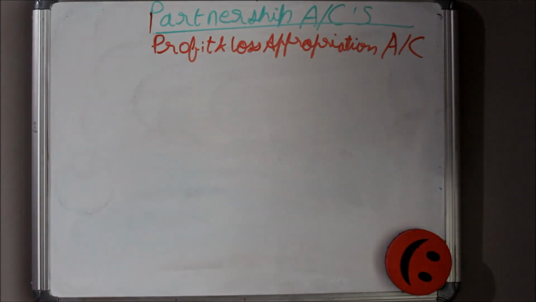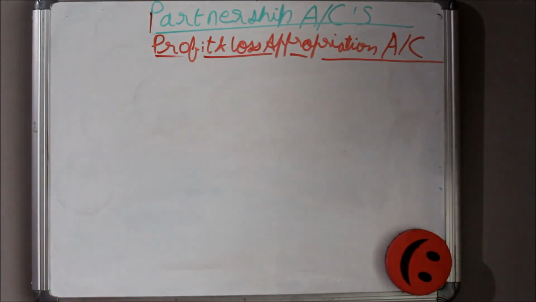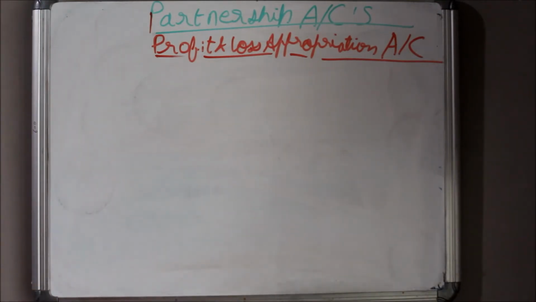Now in this format we are going to draw 3 columns, 1 detail column and 2 amount columns. There won't be a date column over here because there is no requirement of date at all. You're not recording entries, you're just calculating the profit shares between the partners.